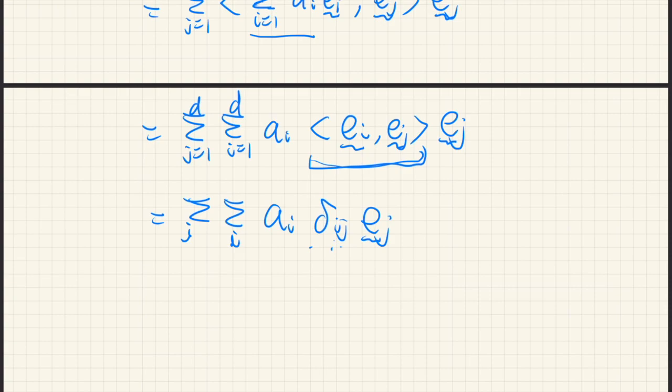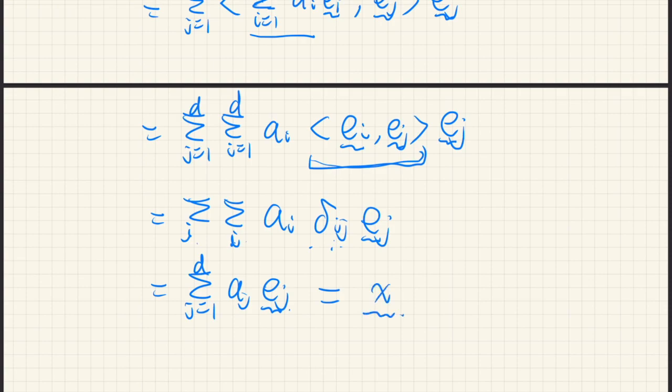So we run i and j both from 1 to d, but only when i is equal to j does the term remain. So what we get is the sum over j from 1 to d of aj times ej. So that's it. But that is actually equal to x, right?